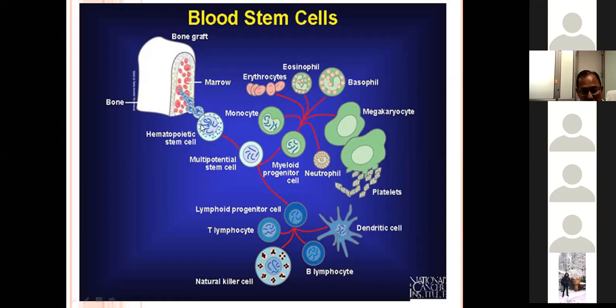So the hematopoietic cell ultimately, over a period of days, gives rise to all these peripheral cells which are required by the body for survival.